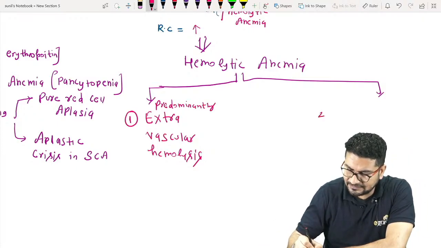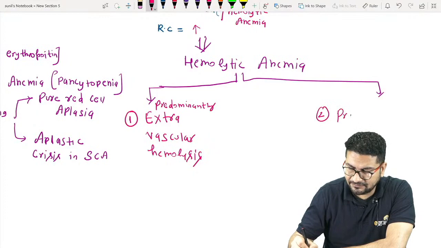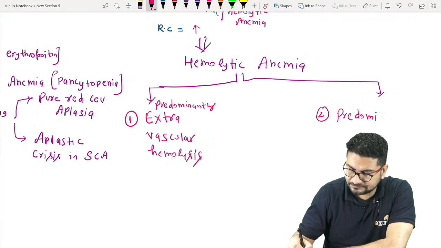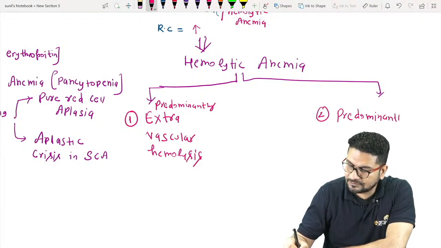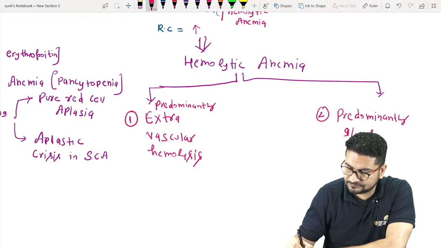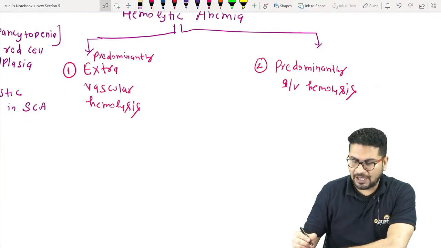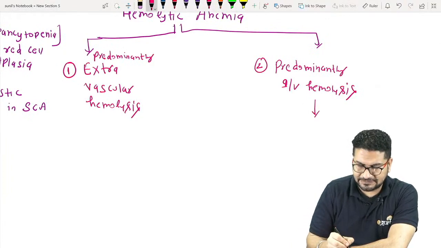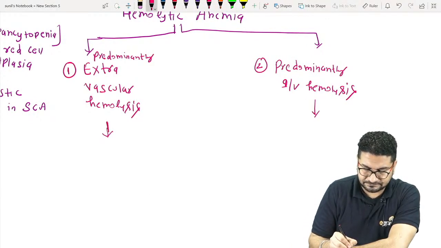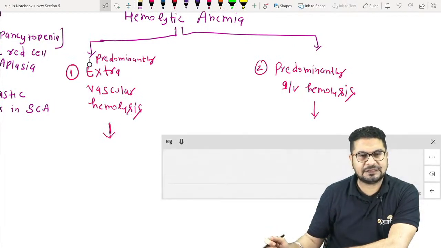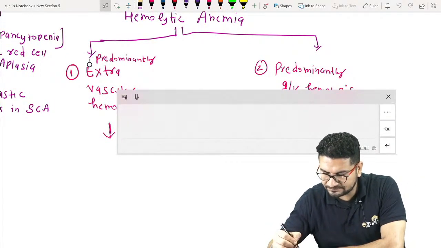Or, if RBCs are dying in the vessel itself, we call this predominantly intravascular hemolysis. So RBCs can die outside the vessels, they can die inside the vessels. Clear?